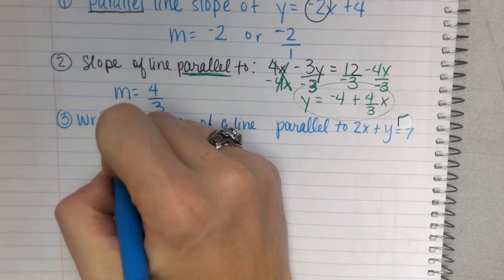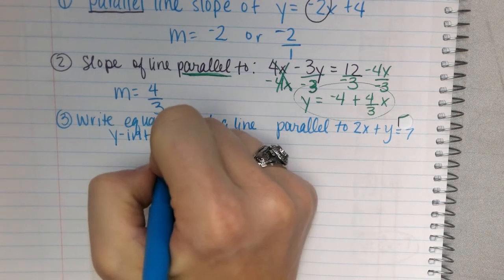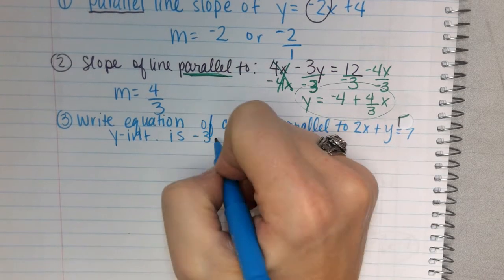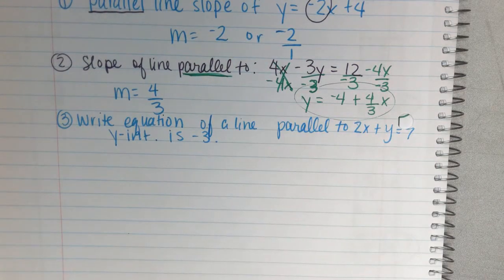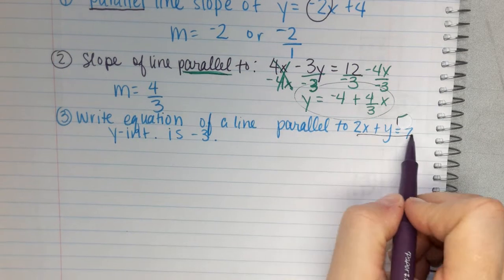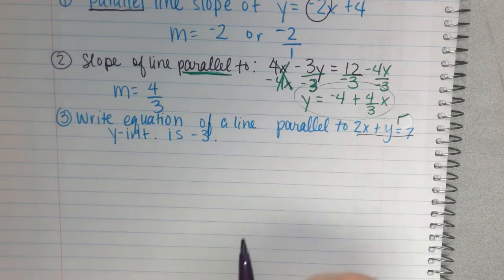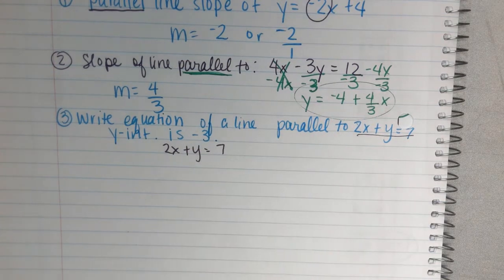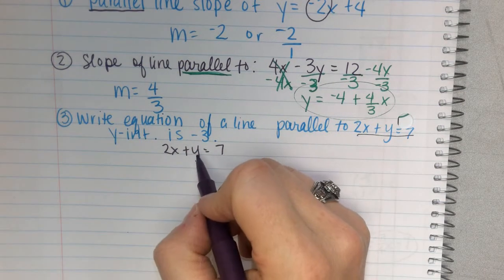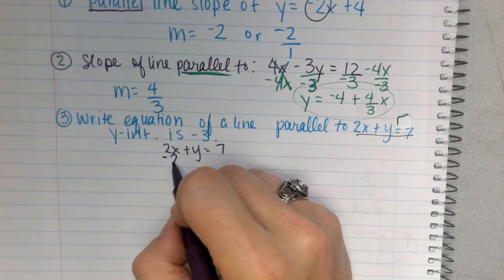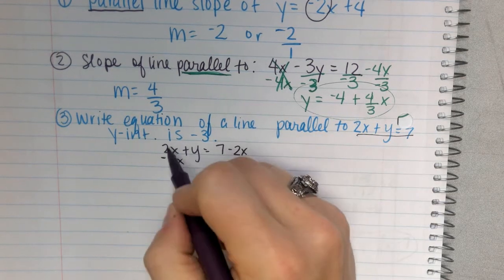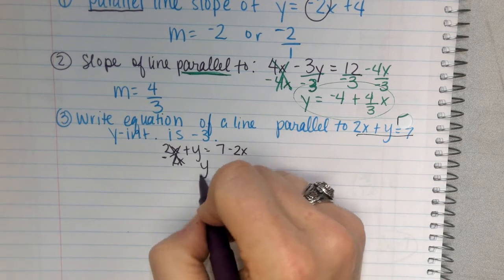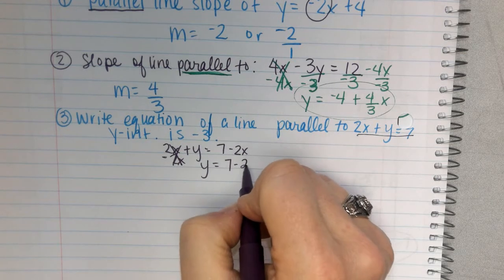And the y-intercept is -3. Okay. So this is what we're working with here. We need to put that in y equals form. So 2x plus y equals 7. We can say subtract the 2x from both sides, and we get y equals 7 minus 2x.